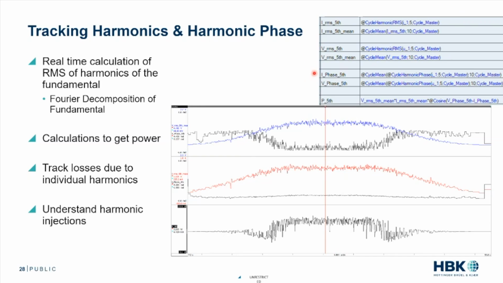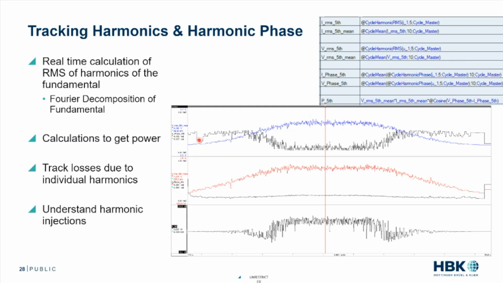And then even better, we can say, what's the phasing between these two? And if anybody remembers their power equations, we have VRMS times IRMS times the cosine of phase. Well, if I have VRMS of the fifth, IRMS of the fifth, and the phase of the fifth, I can calculate fifth harmonic power.